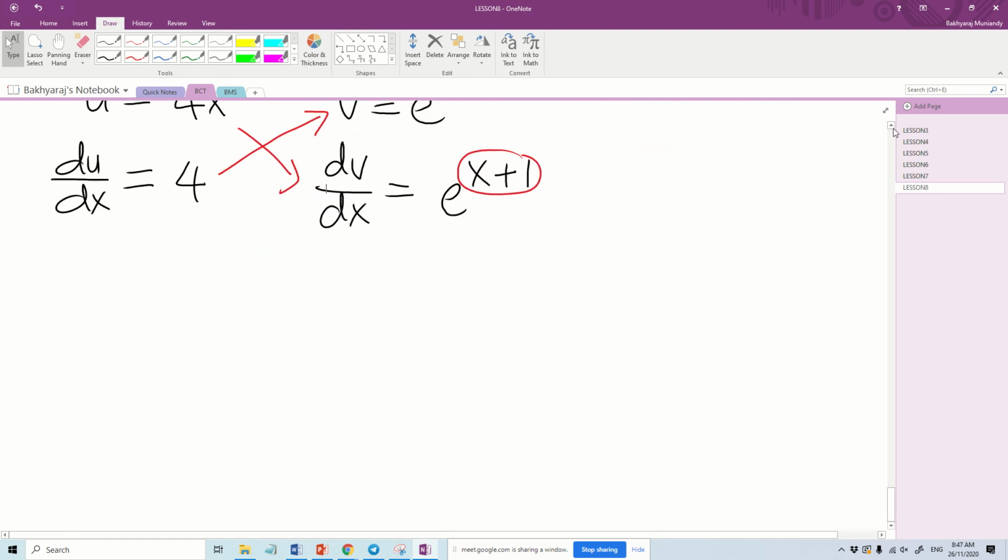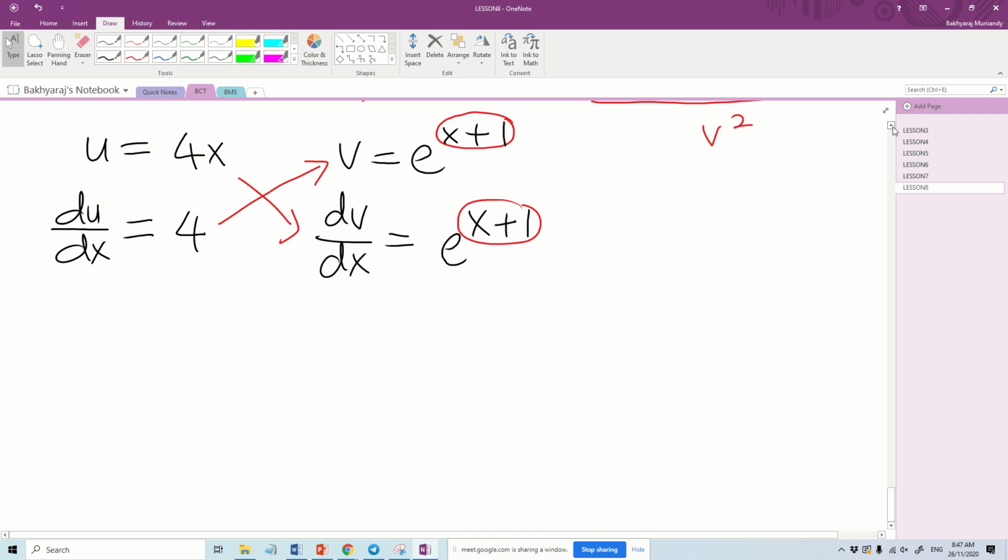Okay, so my answer will be dy/dx. Okay, I write the formula again here. So dy/dx equals du/dx times v minus u times dv/dx over v squared.